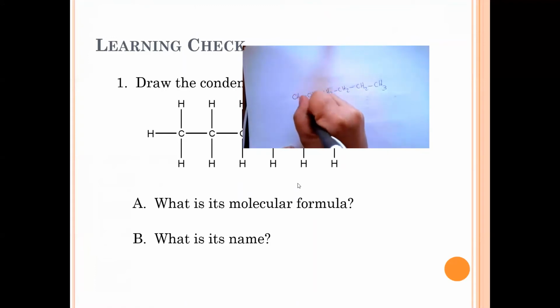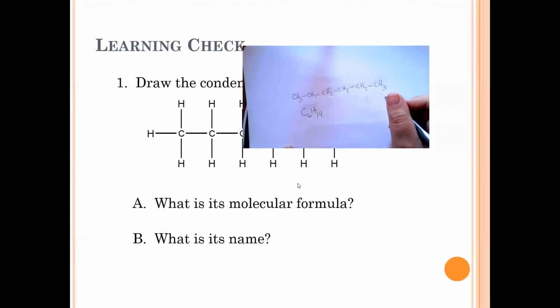So it becomes C6. And then if we're going further, we're going to count how many hydrogens. So here we have 3, 4, 5, 6, 7, 8, 9, 10, 11, 12, 13, 14. So C6H14, this would be what we call the molecular formula.